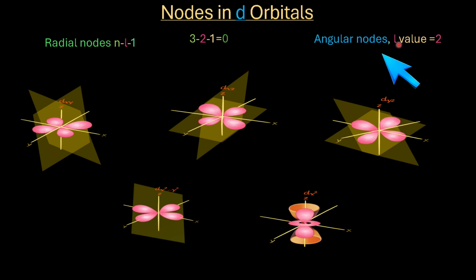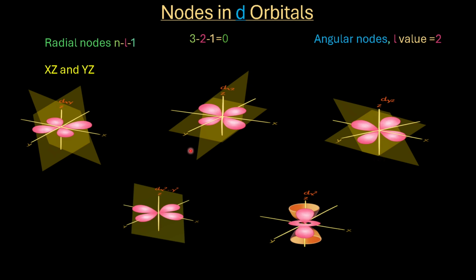The l value is 2. So there are two angular nodes, or two nodal planes. For the dxy orbital, you can see the xz plane and the yz plane are the nodal planes.